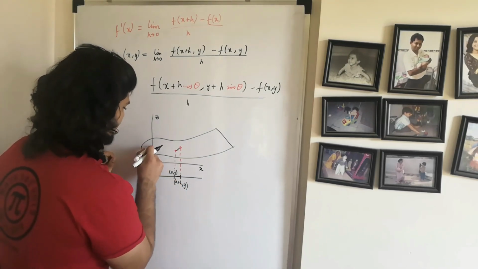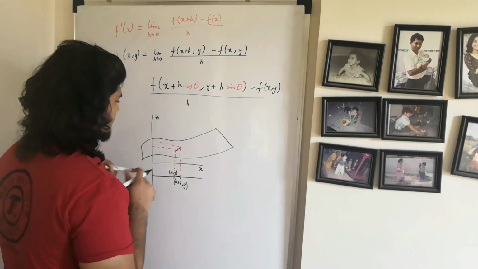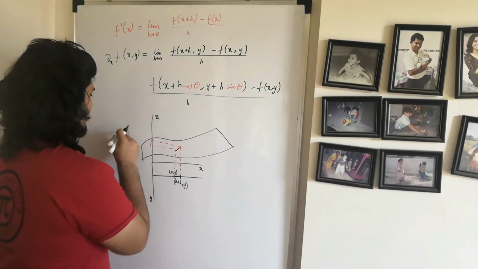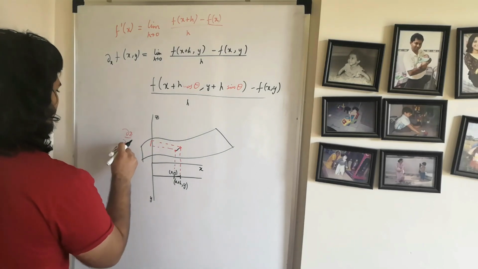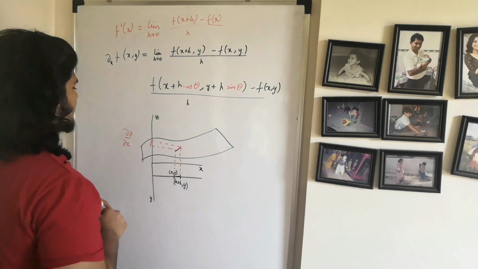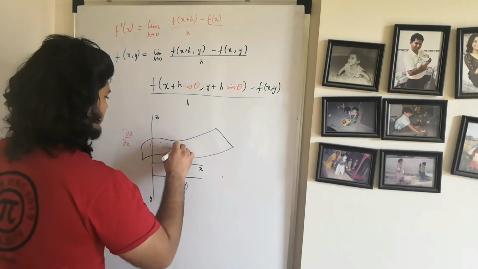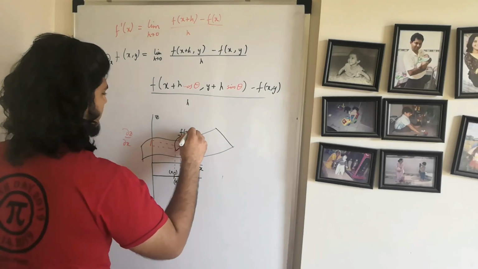So if I see the z value for both of these points, then this thing is the change in z, and if I divide that by the change in x, I get the partial derivative in x. At this point, the z coordinate is f of x comma y.